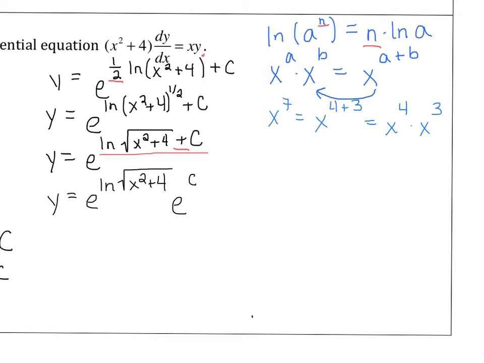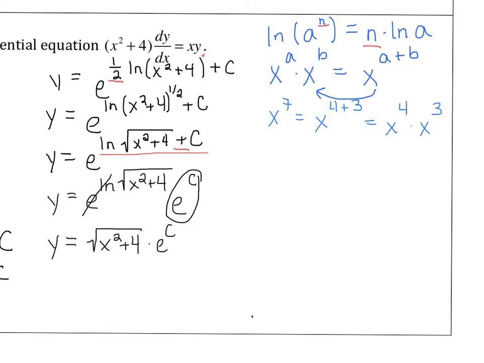Now we're good to go ahead and cancel the e with the natural log. And that leaves us with y equals root x squared plus 4 times e to the c. Notice there was no natural log with this term here, so there's nothing that's going to cancel. e to the c is just e to the c.